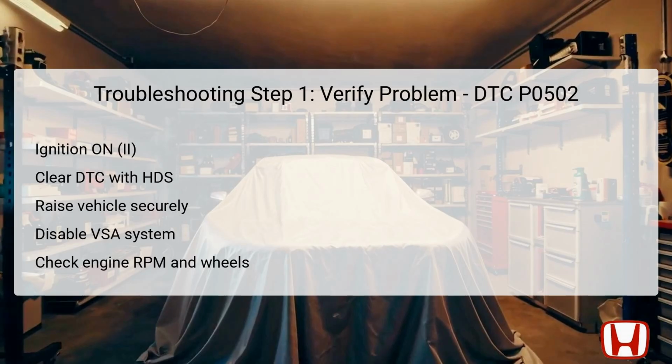wheels can rotate freely. Afterward, start the engine and disable the Vehicle Stability Assist (VSA) system by pressing the dedicated off button. It's crucial to run the vehicle in drive, D, at an engine speed of 1000 RPM or higher, and then release the accelerator without pressing it again for at least 4 seconds.